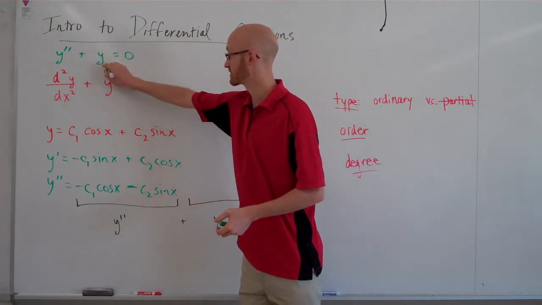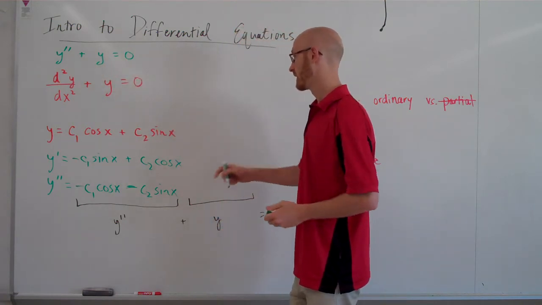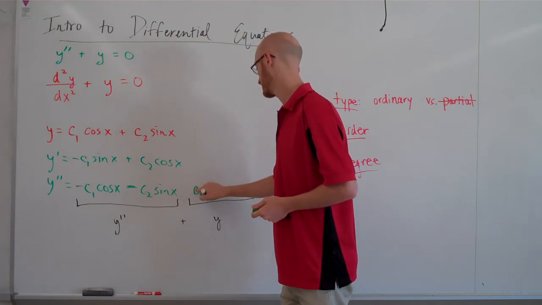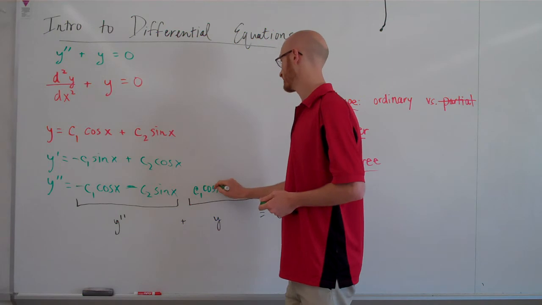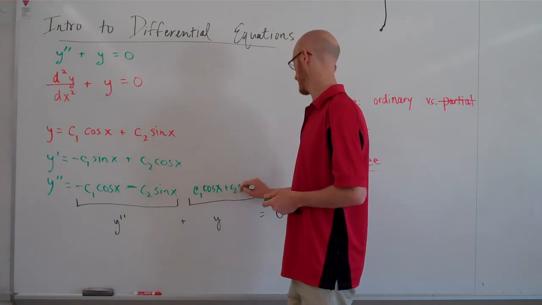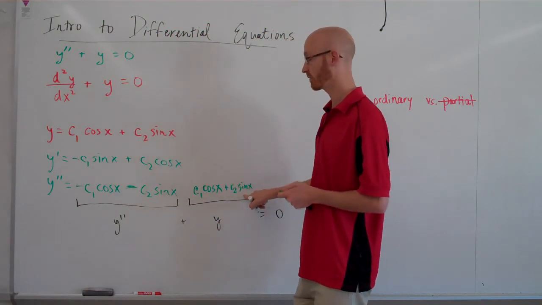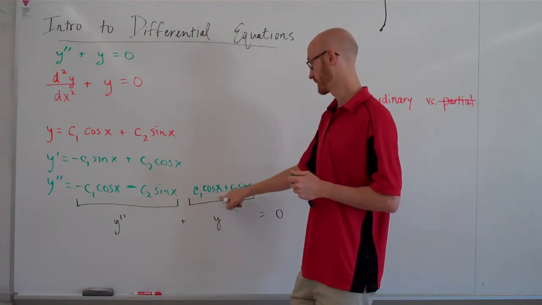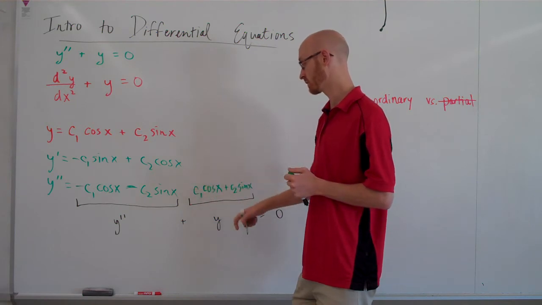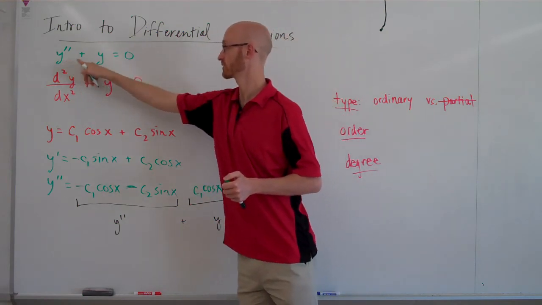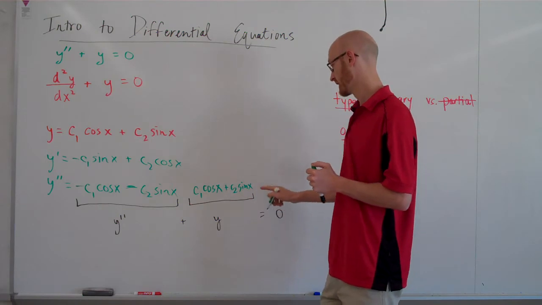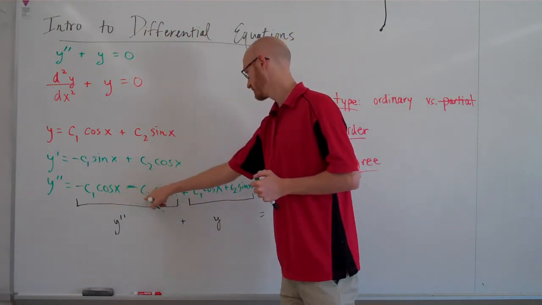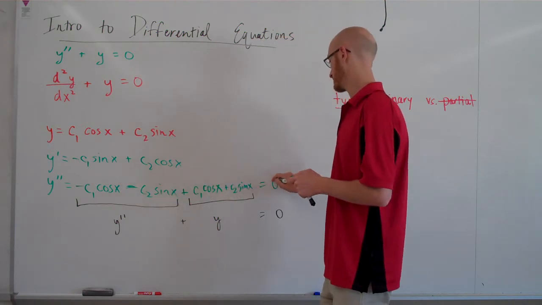Well, our differential equation dictates that it equals 0, so better. And if we put y in here, it'll be C1 cos x plus C2 sine x. If you're wondering where I'm getting this from, it's right there. That's y. And if you're wondering why I'm doing y, it's because the differential equation mandated that. So now you can see negative C1 cos x plus negative C2 sine x. Oh, that definitely does equal 0.